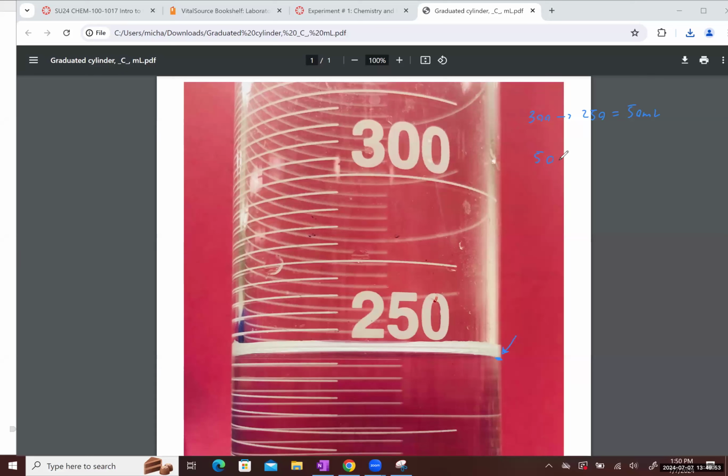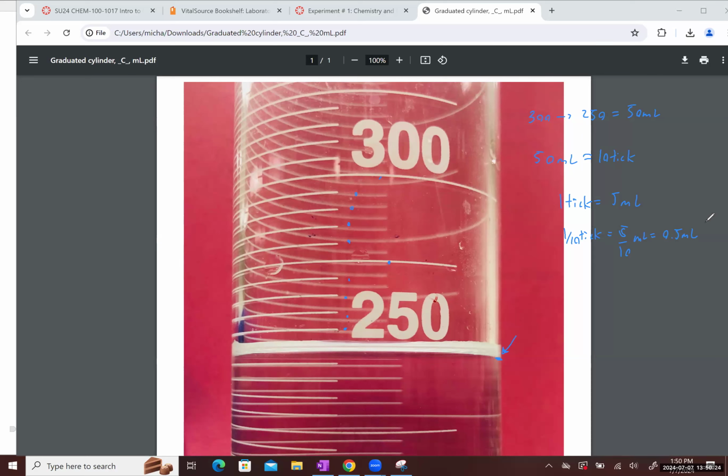These 50 mils of volume are going to take us 1, 2, 3, 4, 5, 6, 7, 8, 9, 10. These are 10 tick marks to work with. Thus, one graduated tick mark corresponds to 5 milliliters, and a tenth of a tick correlates to 5 over 10 mils, in other words, 0.5 milliliters.